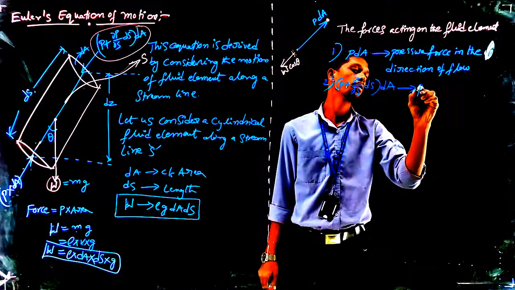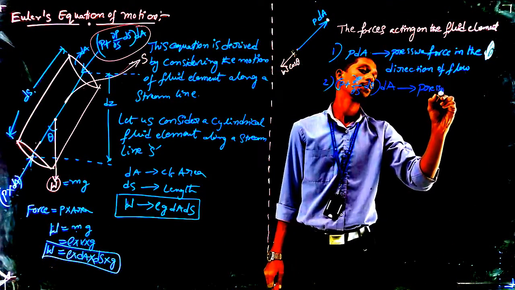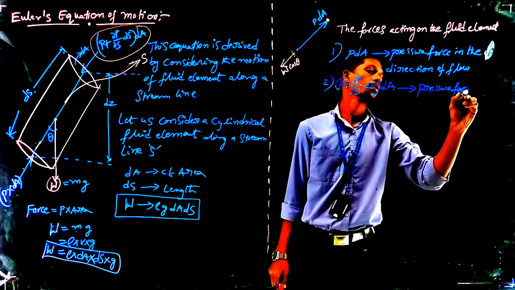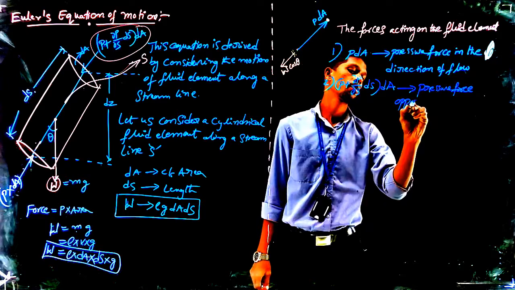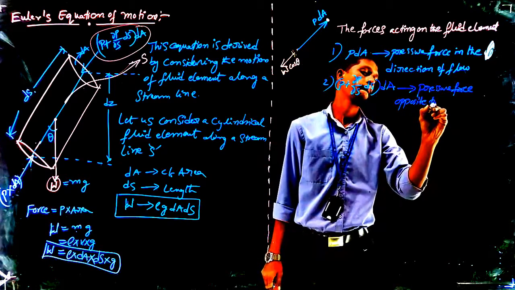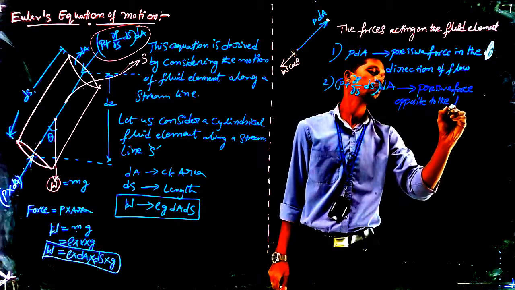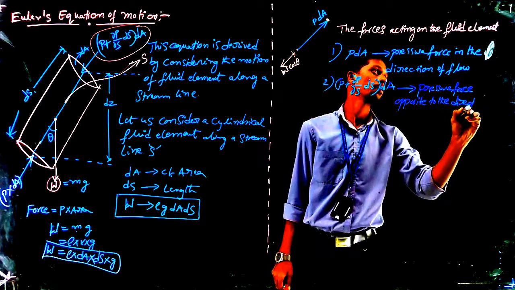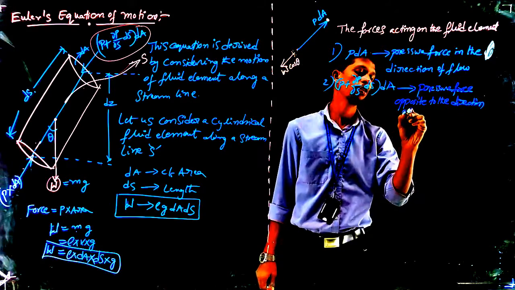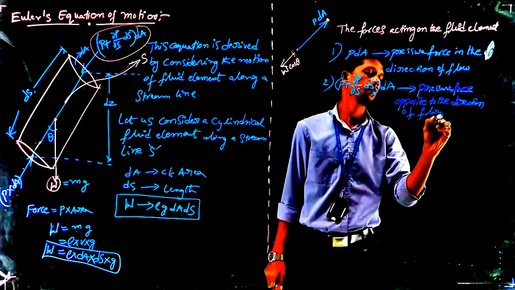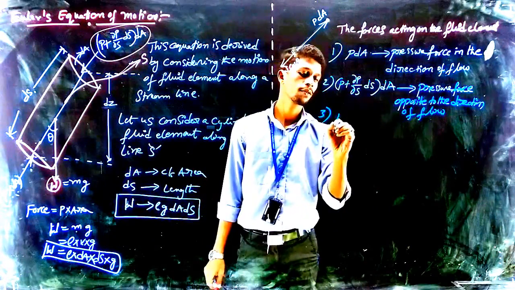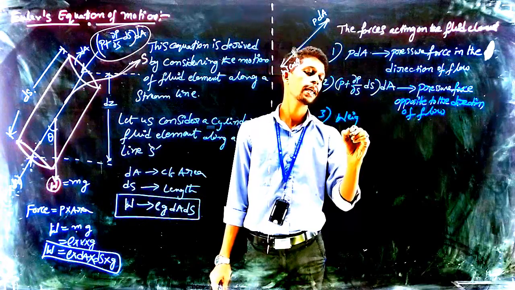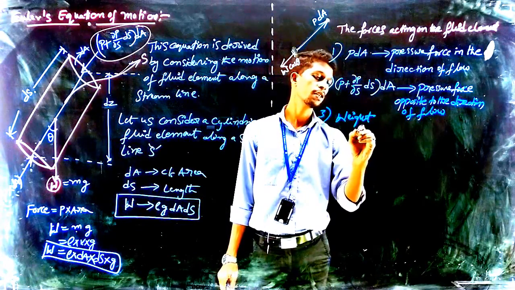So this will be the pressure force opposite to the direction of flow. What about the third one which is acting? The weight. So the weight which is acting in the downward direction, right?